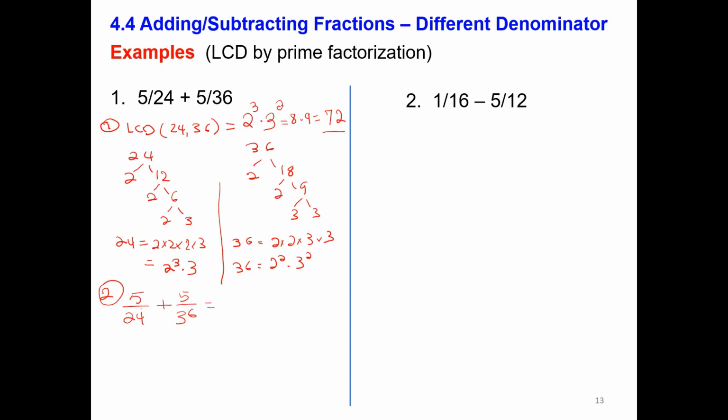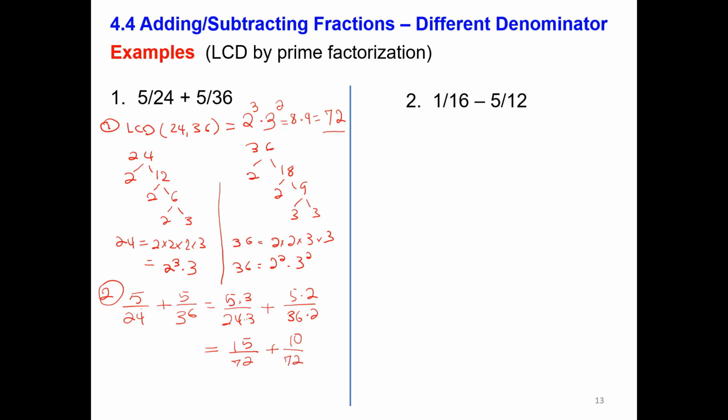We need to multiply 24 by 3 to get 72, but if we multiply the denominator, we need to do the same on top. And 5 over 36, we need to multiply by 2 to get equivalent fractions. Yes, 3 times 5 is 15 over 72, and 10 over 72.